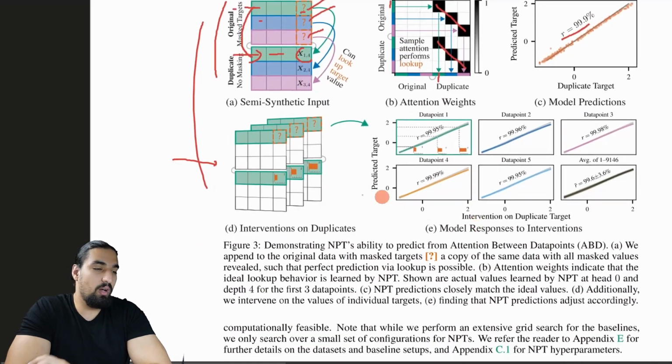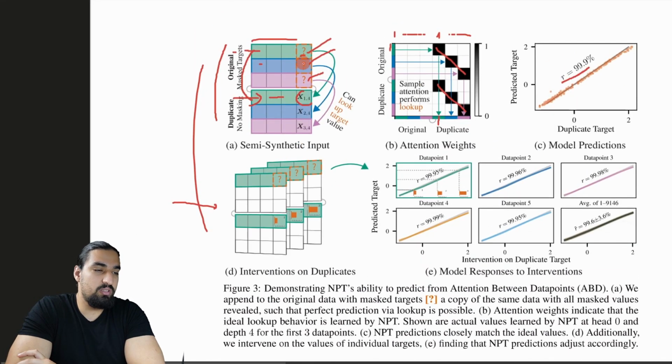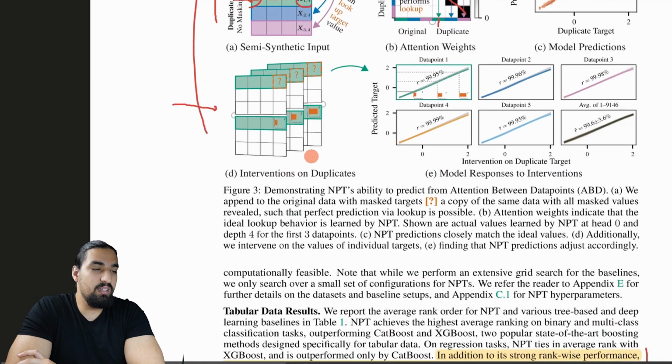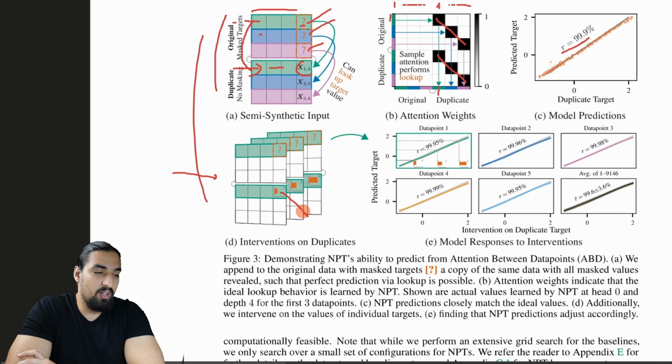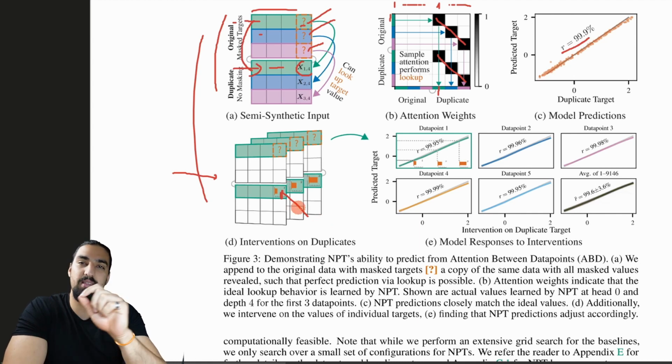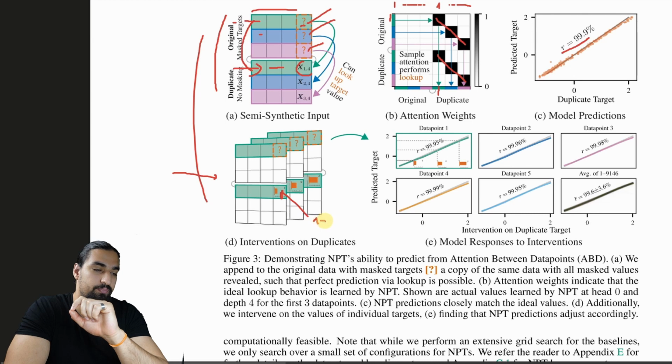So basically what they do, as you can see, is the same experiment as above, but this time they take this target value, and instead of keeping it the way it was in the original data set, they tweak it. Maybe there was 1.3, and they mess it up and put 7.5 here.